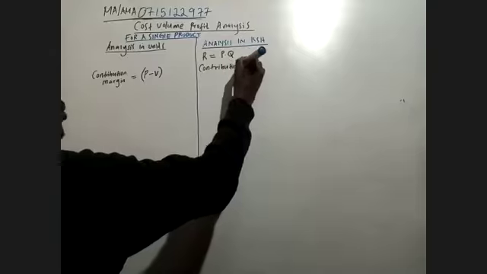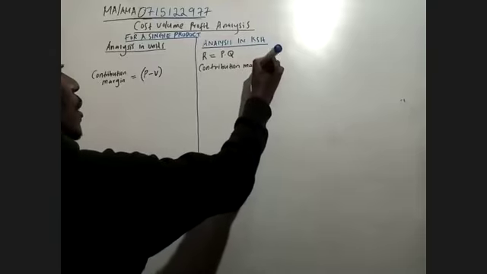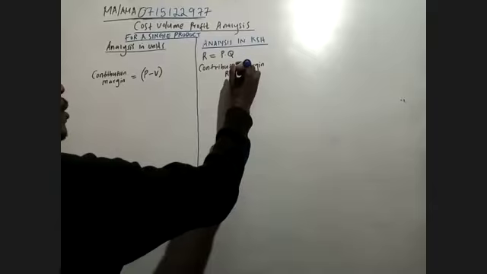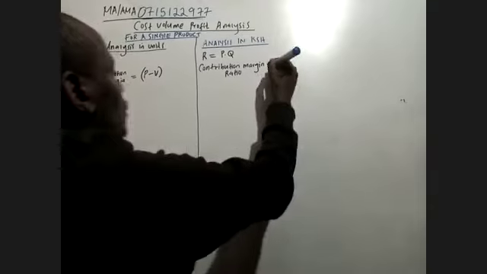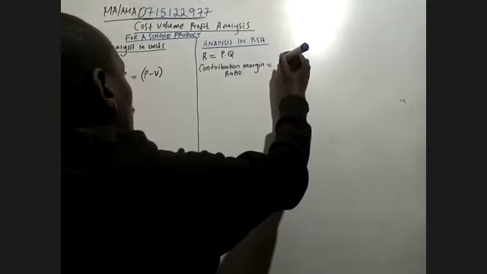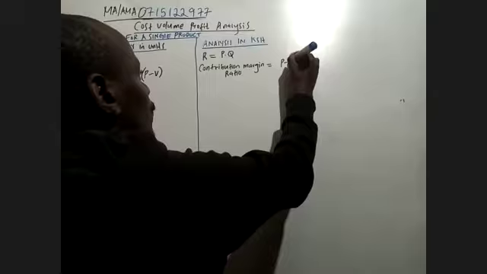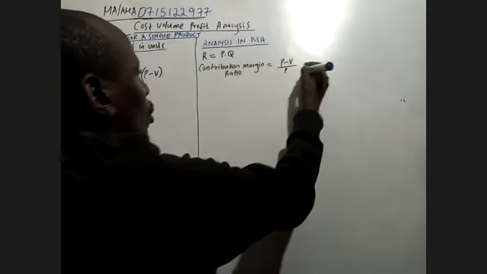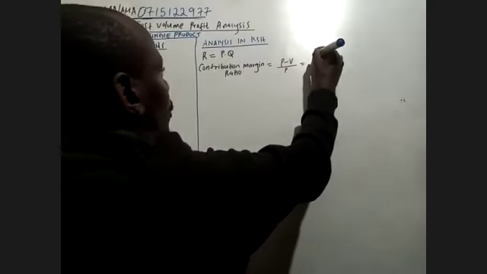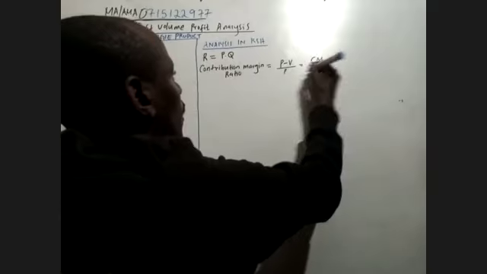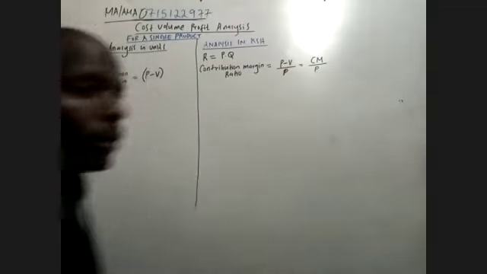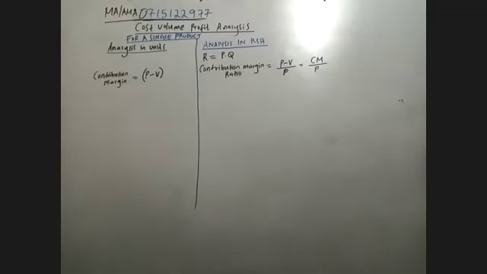This one is in units, per unit. This one is in shillings. So itakuwa ni P minus V over P, or itakuwa ni CM, contribution margin, over P. Because that is contribution margin ratio.